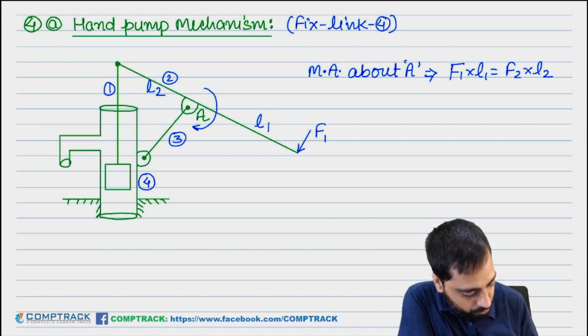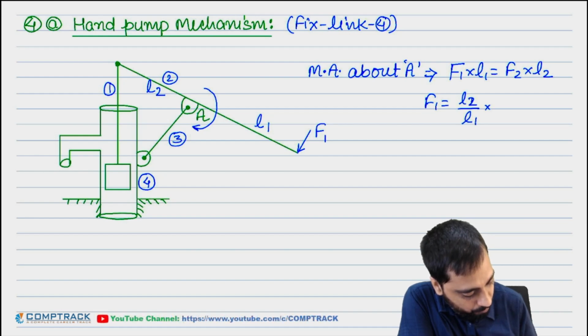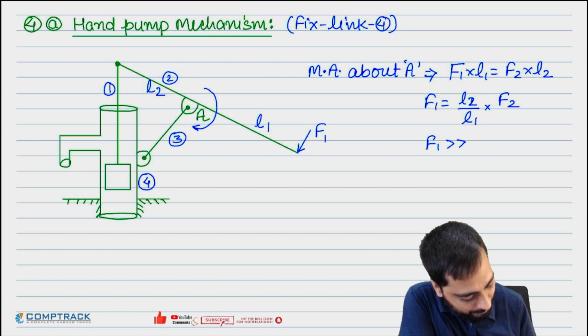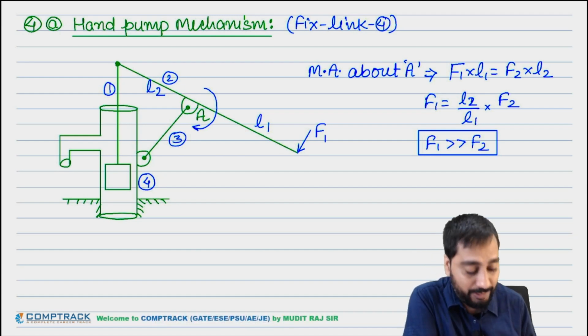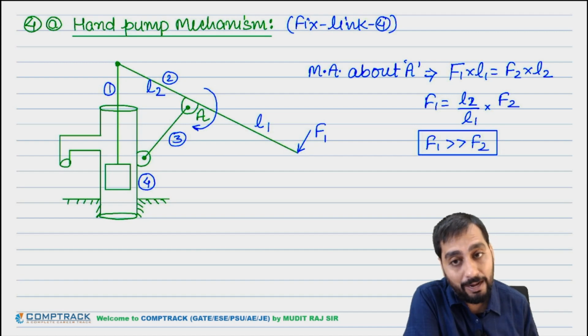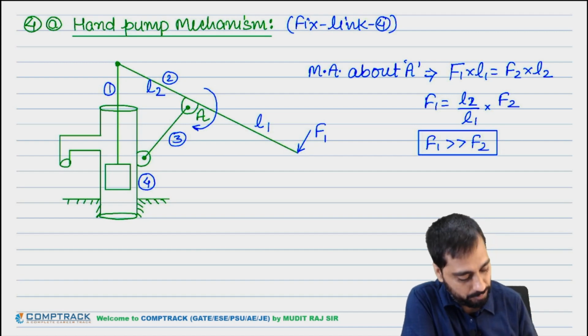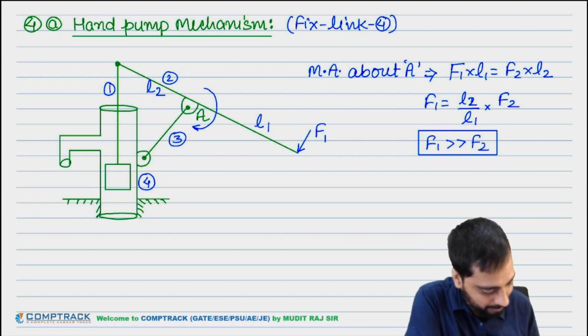So F1 will be equal to L2 by L1 into F2, like this. So F1 will be greater than F2. Yes or no? Greater than F2. So F2 is input, F1 is output. उल्टा लिख दिया क्या मैंने?